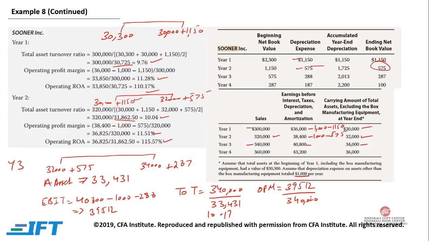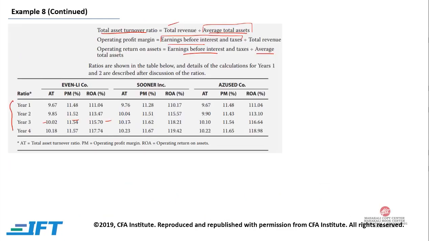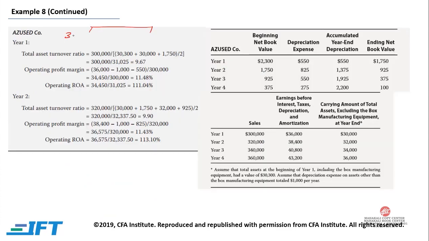That will be 11.62%. And for your operating return on asset, that would be EBIT 39,512 divided by average assets, 33,431, and this equals approximately 118%. And let's check: it's 10.17, 11.62, and approximately 118 percent.